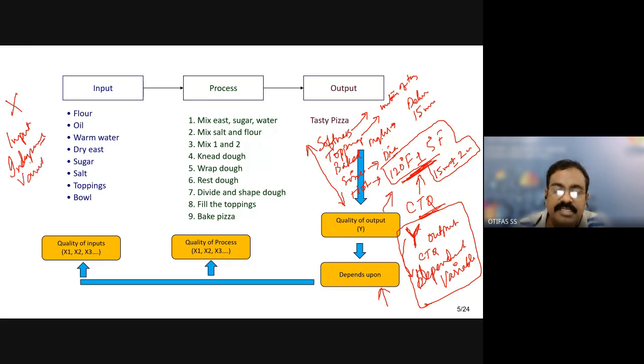That's why we call X the independent variable, and Y the dependent variable, because the variation in Y depends upon X. So these are X's, inputs. The quality of process we also call input.